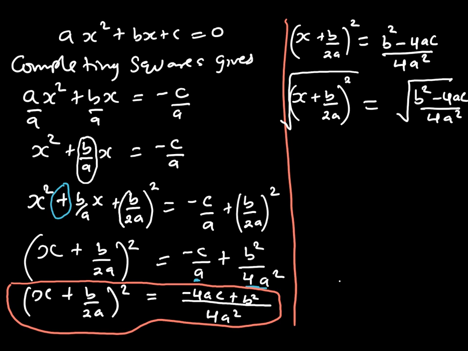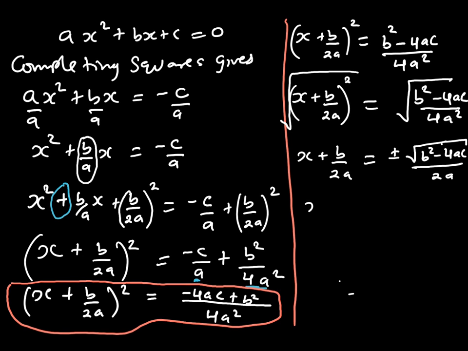When you look at the right hand side, the numerator is not a perfect square, but the denominator is a perfect square. So we can write this as x plus b over 2a is equal to, when you take a square root of a number, it is either positive or negative, of b squared minus 4ac, divide this by 2a, because 4a squared is a perfect square and its root is 2a.